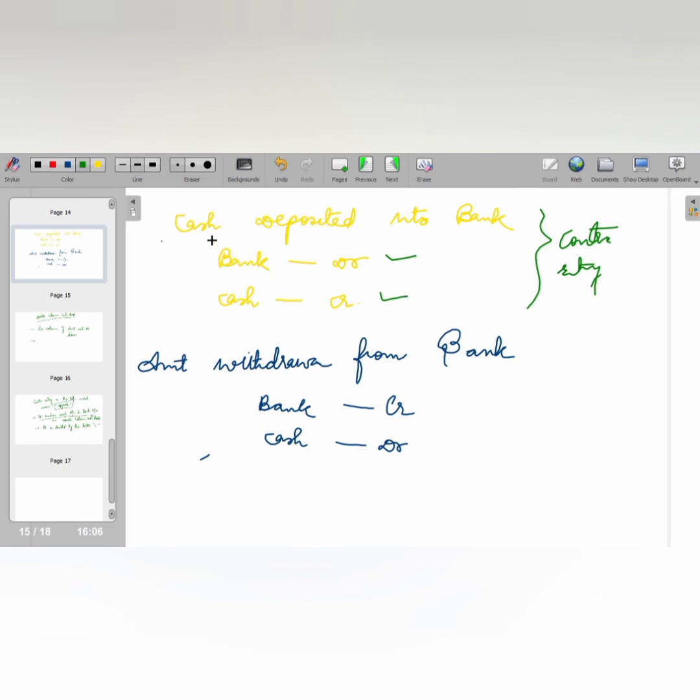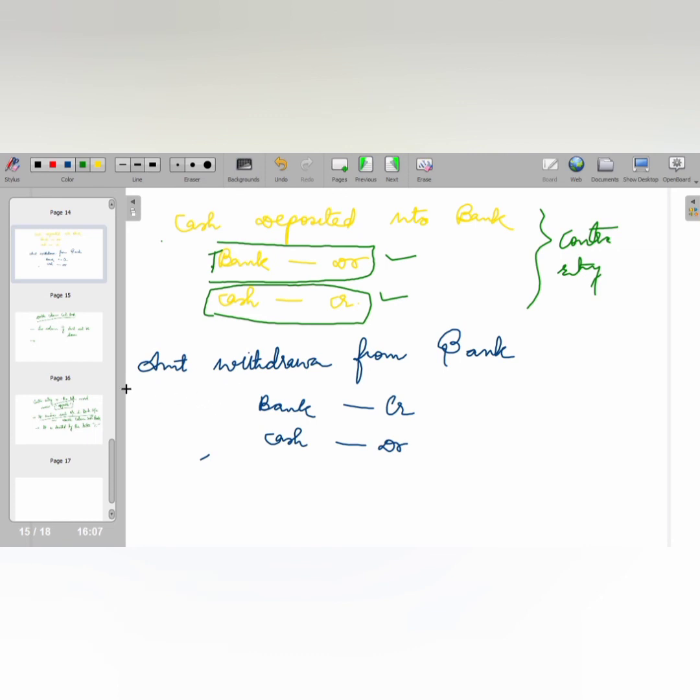Cash is deposited into bank, means we are withdrawing cash, so cash is decreasing. So what is the rule of the asset? If any asset decreases, we record on the credit side, so cash will be recorded on the credit side. And as now this is the bank, so bank is also an asset, it is increasing, so as the asset increases, we will record it on the debit side.